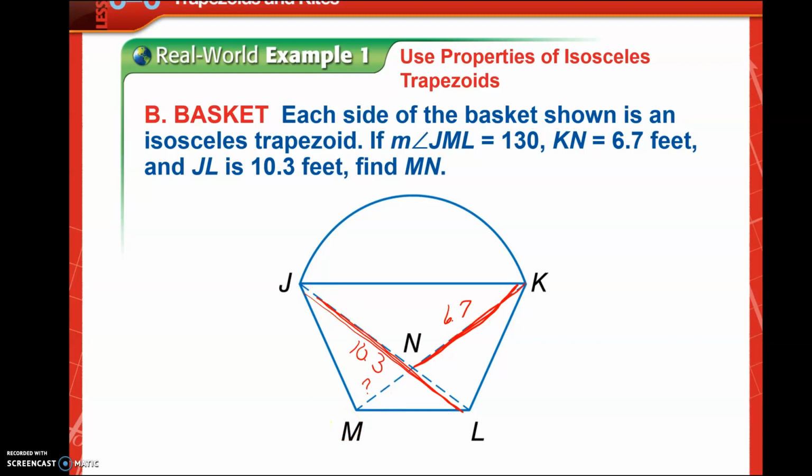So MK equals 10.3. And if I know part of MK is KN, so if I do 10.3 minus 6.7, then that gives me MN. Because this is 6.7, the whole thing equals 10.3. So 10.3 minus 6.7 will give us 3.6.